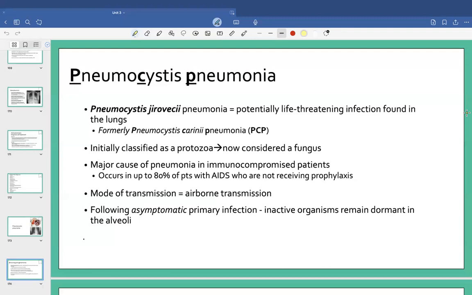Studies suggest that it is airborne, but they don't know where it comes from to get into our lungs. So they suspect it's some type of airborne transmission, but they don't know the source. Just like we said, the source for histoplasmosis was the soil that's been contaminated with bird and bat guano, and the cryptococcus. You know those sources where it came from. But for this one, they don't know where it comes from to get into the lungs.